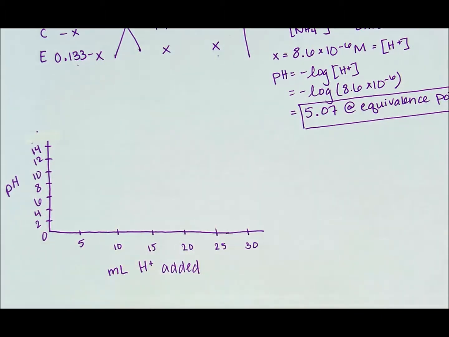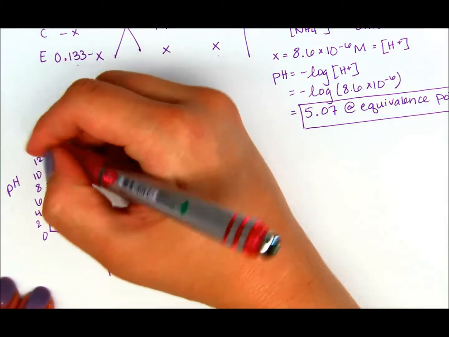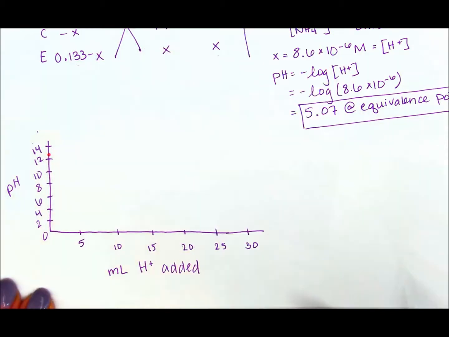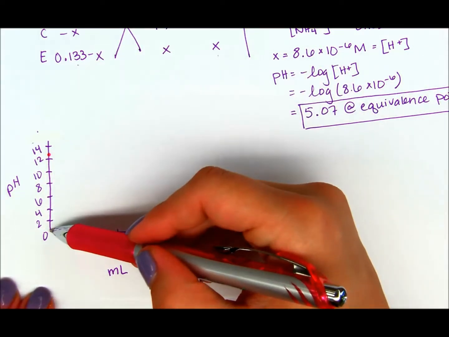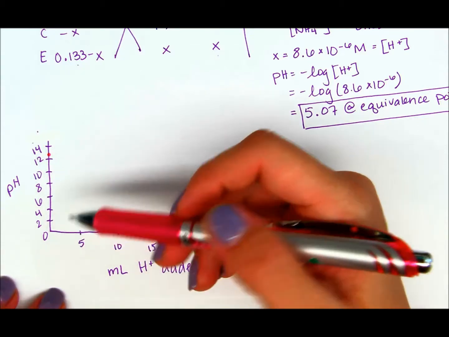And now we're going to go ahead and sketch our 3 points. So I'd like you to please pause the video, sketch the 3 points, starting, halfway, and equivalence points, and then come back to make sure you got them right. Alright, your starting point is going to be somewhere around 12.5 or so. That's when you haven't added any milliliters of hydrogen ions.